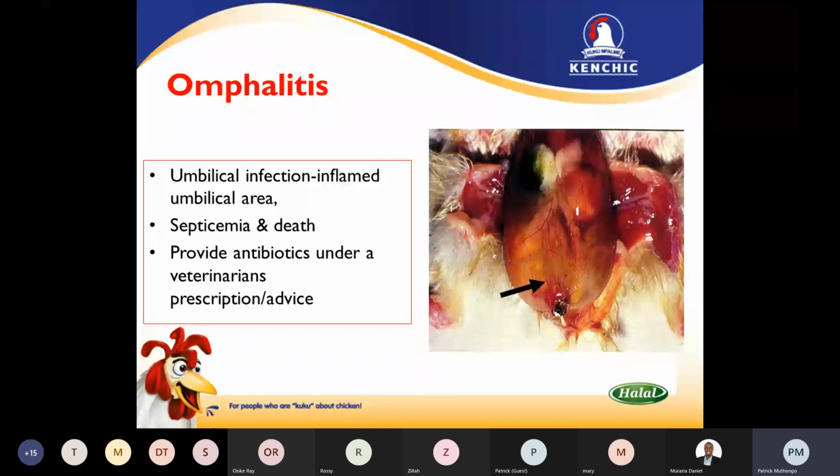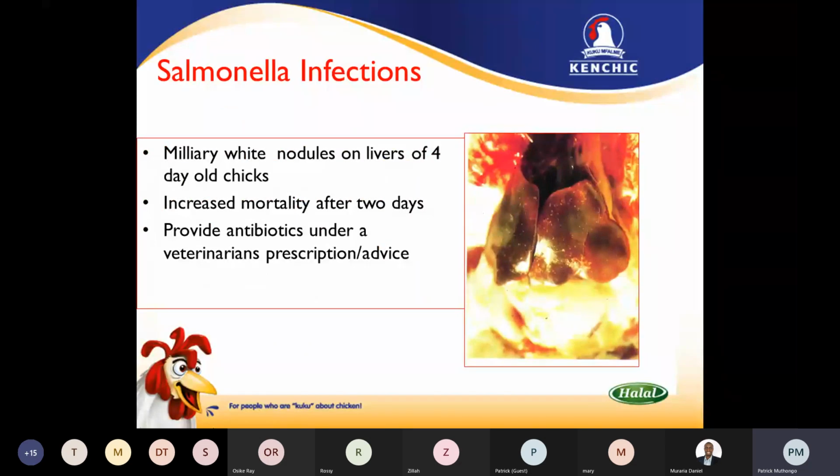Maybe some brooding lapses, poverty in plenty, dehydration, drought coming into the house, kuku kupata njaa. Always provide an antibiotic under a vet prescription or advice.